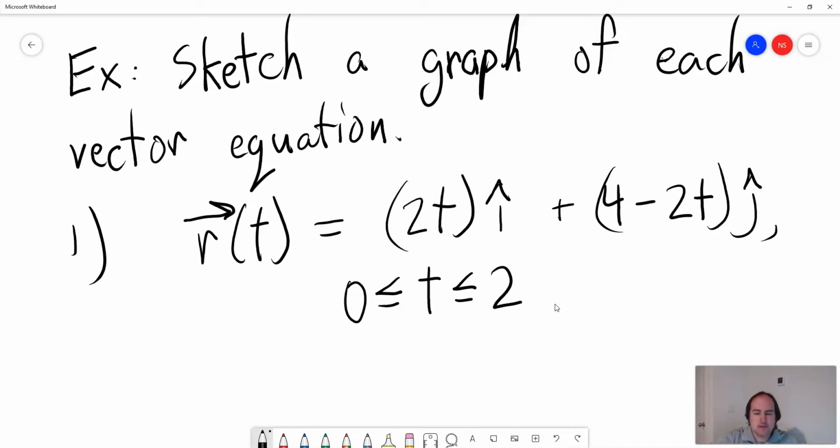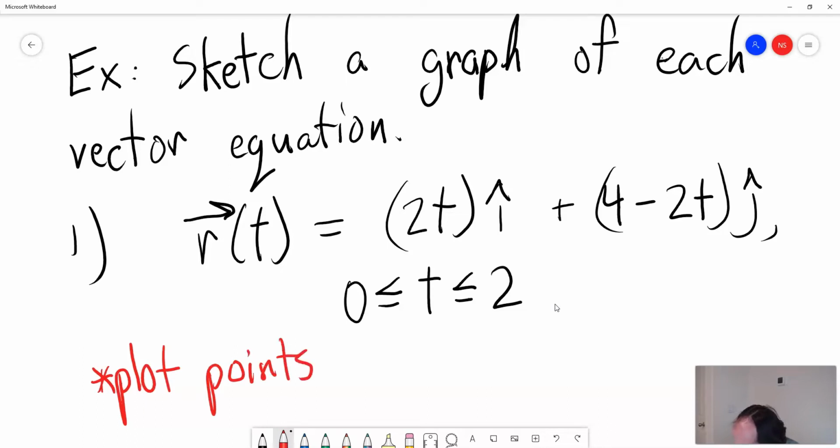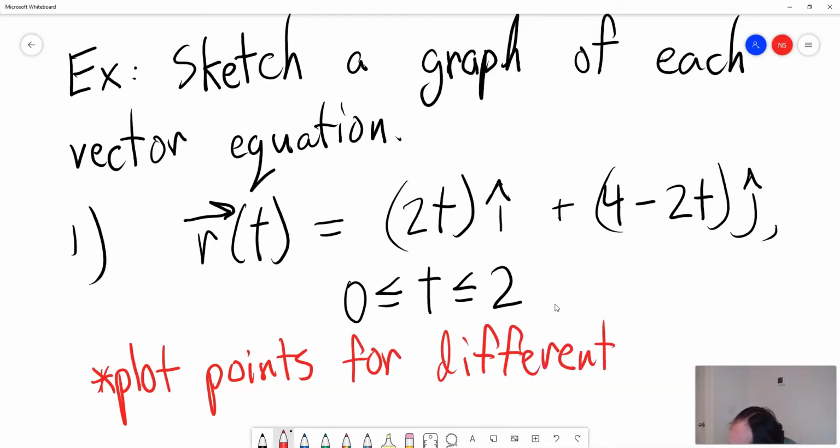So the plan is to plot points for different values of t. Remember, t is often representing time in physics or other applications, and t is also called the parameter.